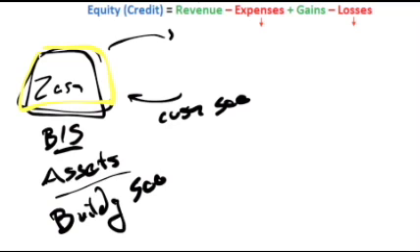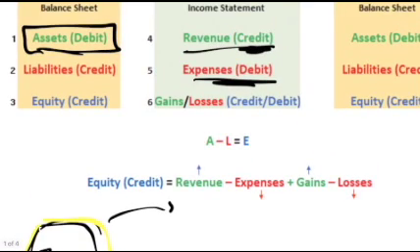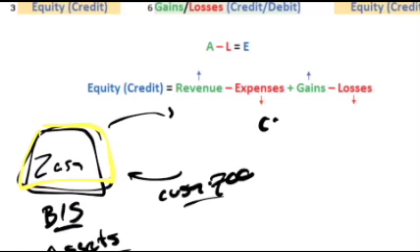Or, sorry, let's say I sold it for $700 and it's on my books for $500. So I'm receiving cash. Cash is an asset. To increase an asset requires a debit. Cash, $700 we said, as a debit.